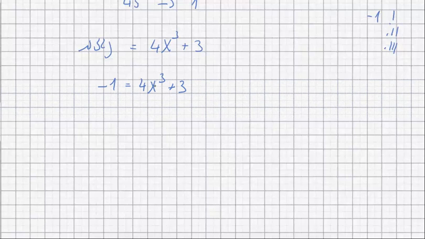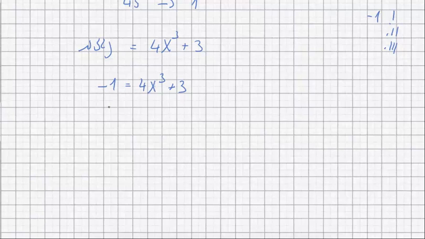Now do we just solve? We have an equation. What do we do? We want to leave x alone. So we'll do 4x בשלישית שווה 4.